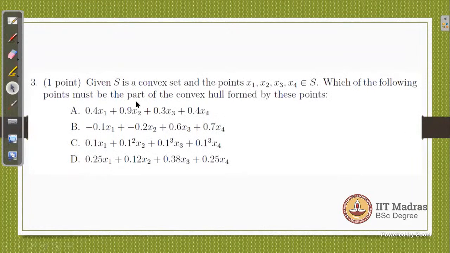So yeah, just read this question and you can answer. Let S be a convex set and the points x1, x2, x4 belong to S. Which of the following must be part of the convex hull formed by these points?